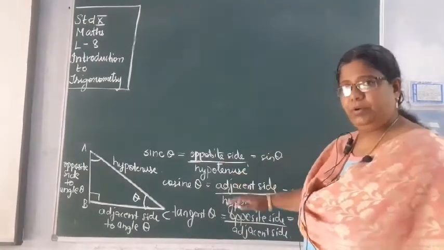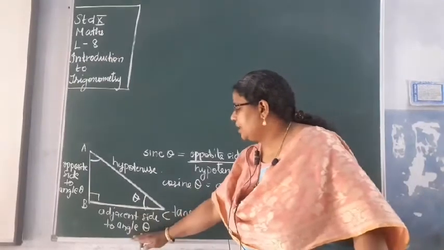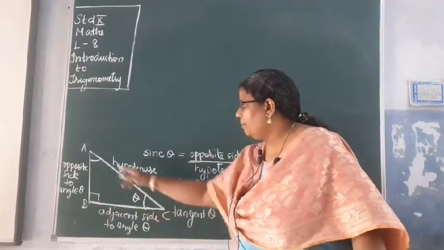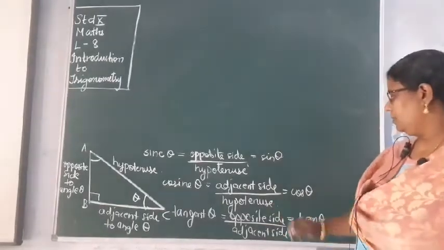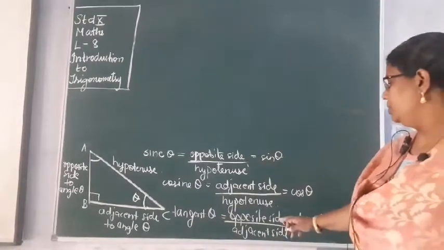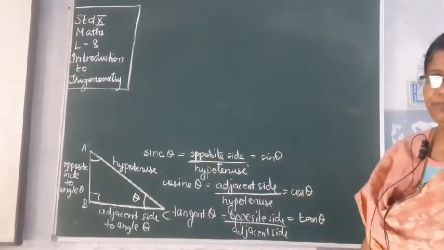Cosine theta will be adjacent side of the angle theta upon hypotenuse. Okay, then you have tangent theta, which is equal to opposite side upon adjacent side.